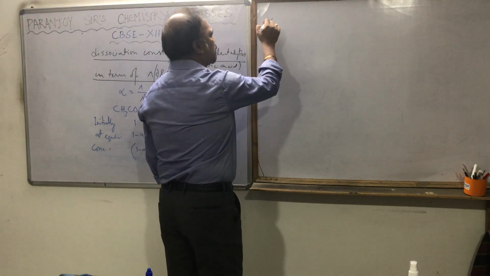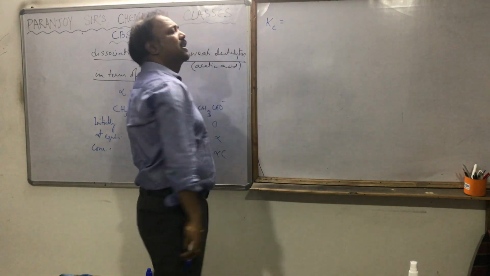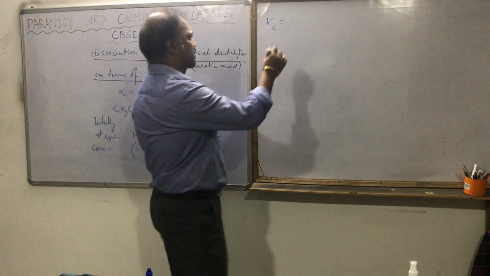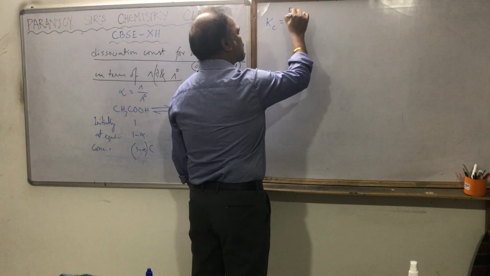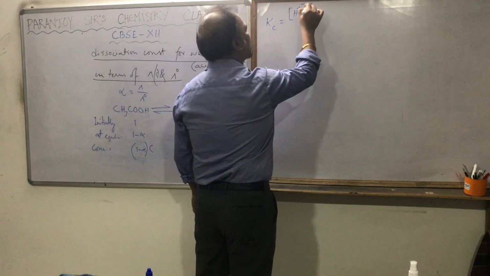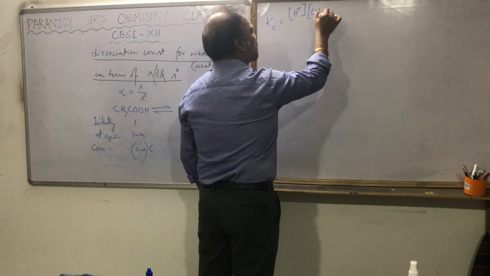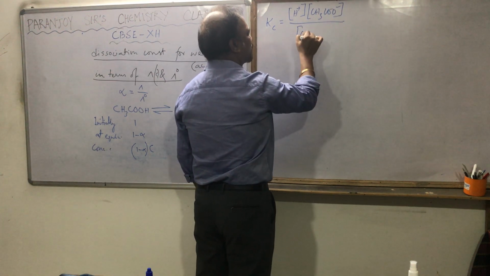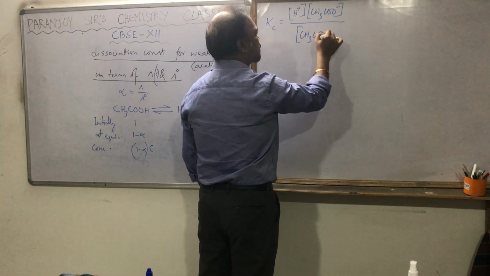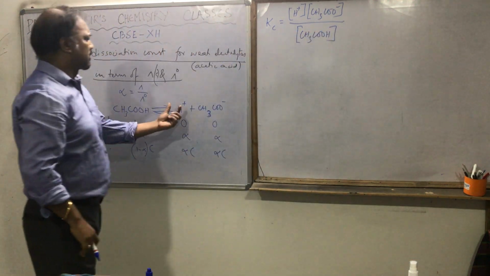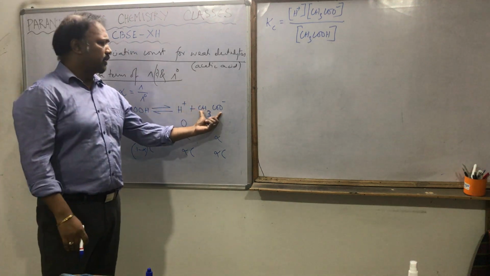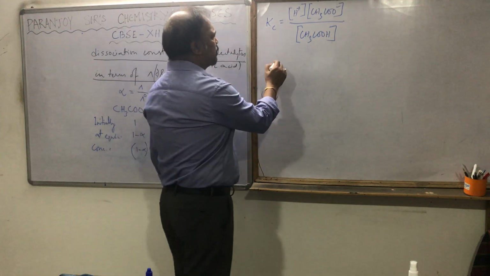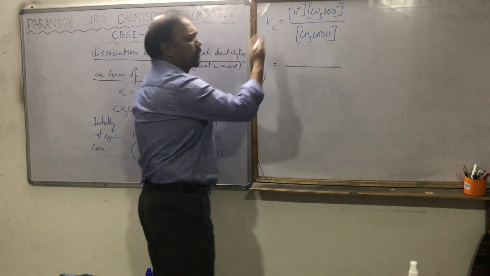Now we also know the expression for Kc, the equilibrium constant or dissociation constant. That will be equal to the concentration of H positive into the concentration of CH3COO negative, divided by the concentration of CH3COOH. Now we are just going to put in the values.